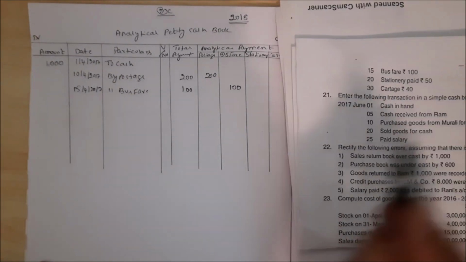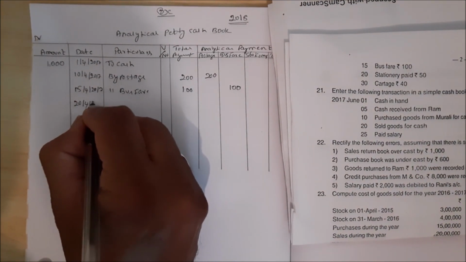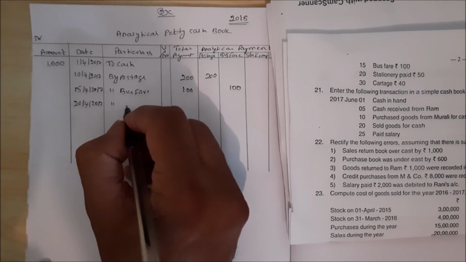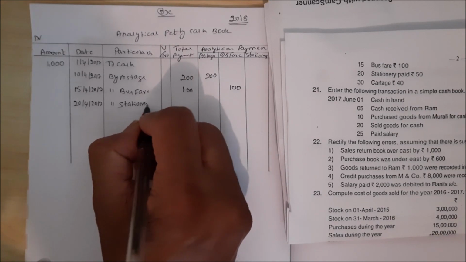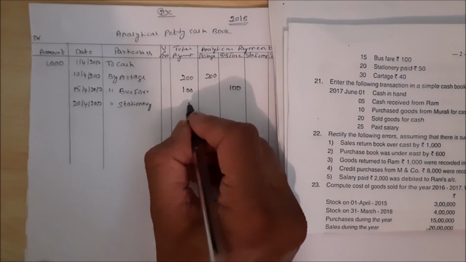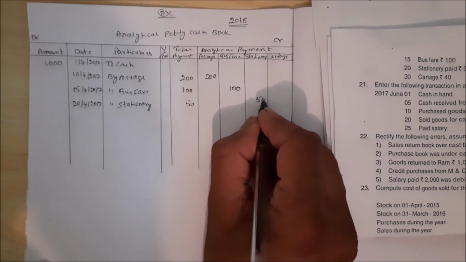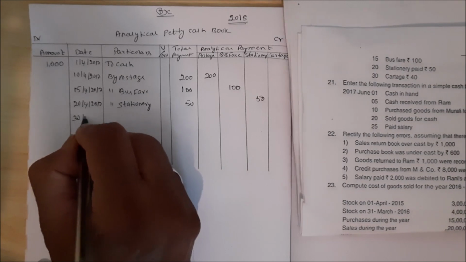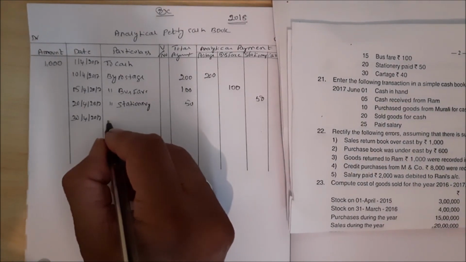Then on 20th, stationery paid. 20th April 2017, by stationery, how much? 50 total. Then stationery is 50. Then on 30th April 2017, you have paid for cartage.